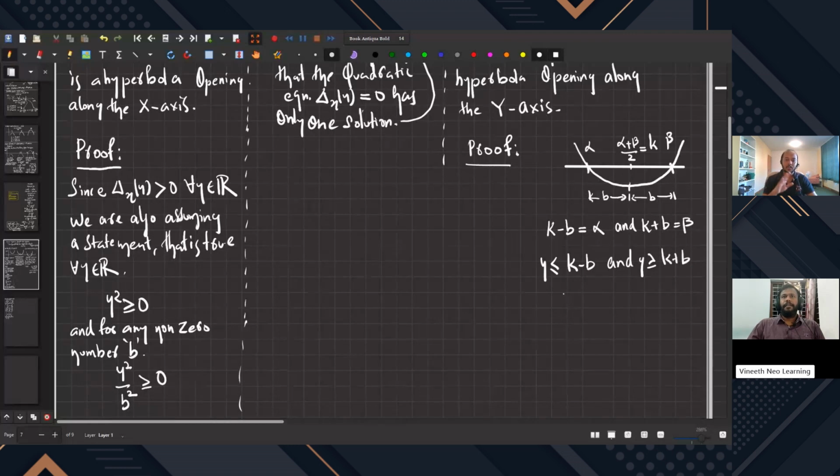Let's solve these two inequalities and find minus b and plus b here. So y minus k will be less than or equal to minus b, and y minus k will be greater than or equal to b.